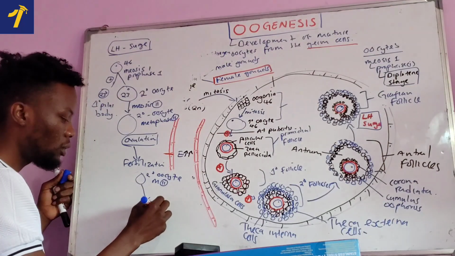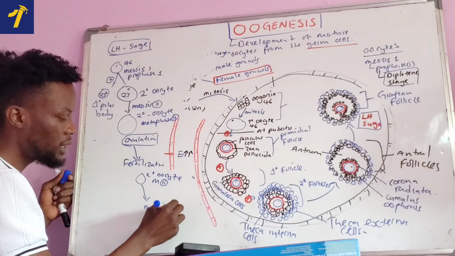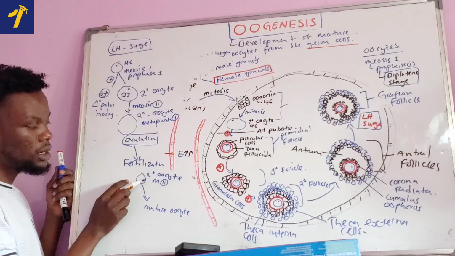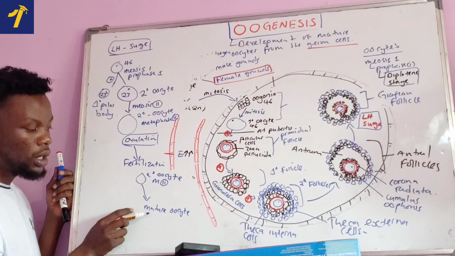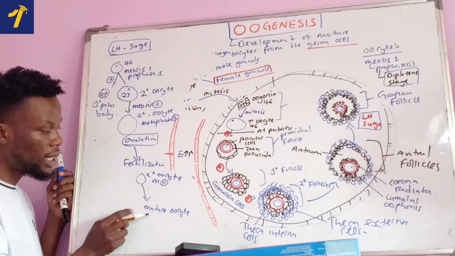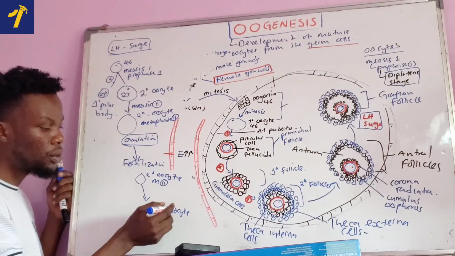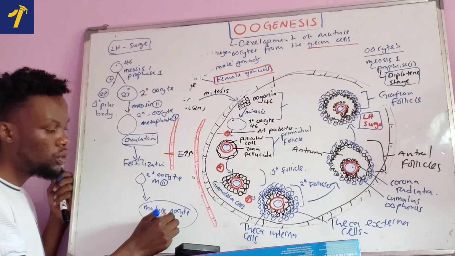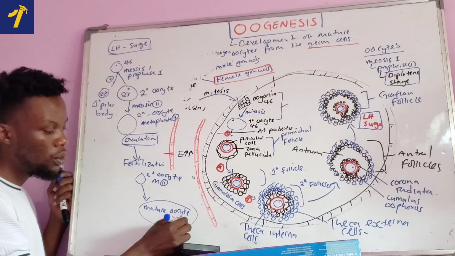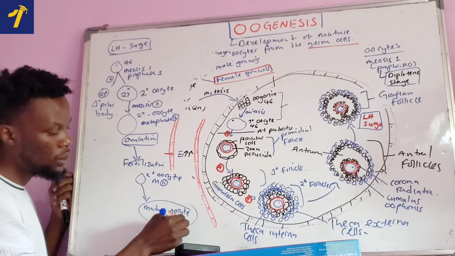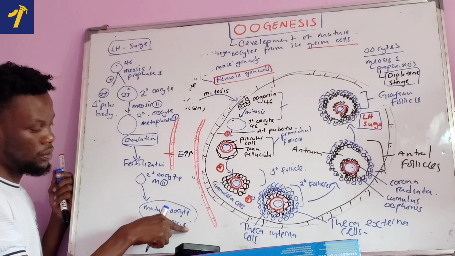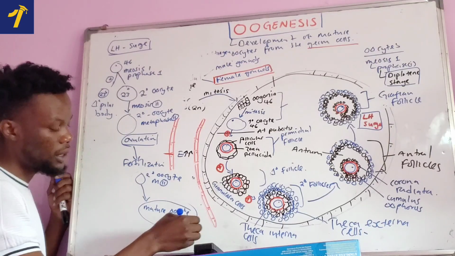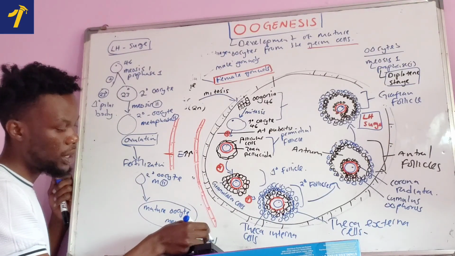Mature oocyte. How? Because the sperm cell is the one that's going to stimulate this secondary oocyte to change into the mature oocyte. So this means that this meiosis is going to be completed. This mature oocyte means that meiosis 2 will be what? Completed. So this is what we are saying.